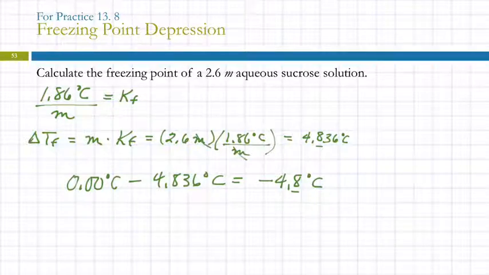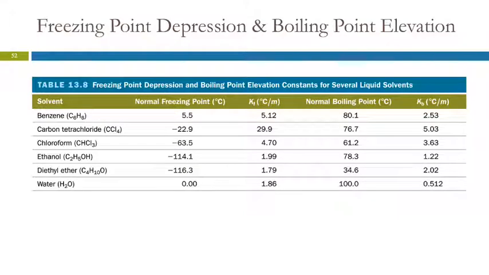It doesn't give you the actual freezing point. It just tells you how much it changed. So you still have to know where it started from. And in the table, water, you should know the boiling point and freezing point. But for these other liquids, the freezing points and boiling points are given to you, because I would not expect you to know those.